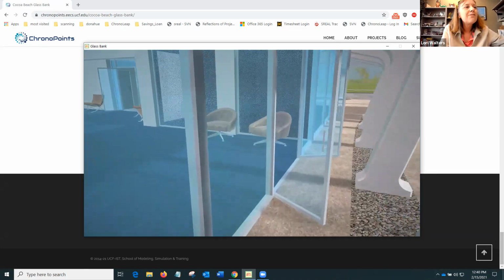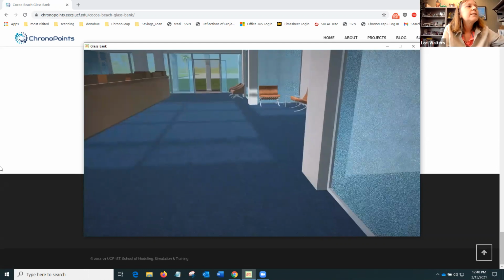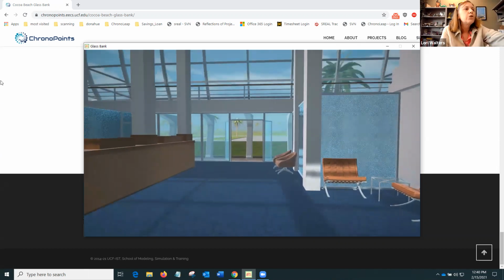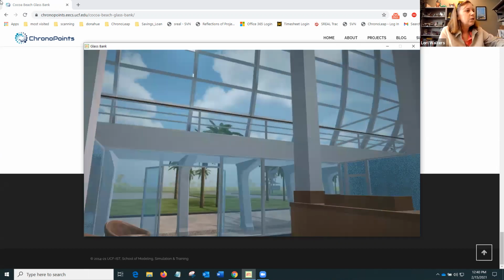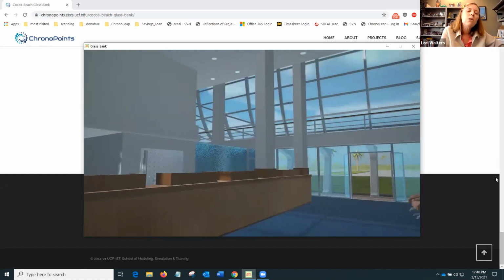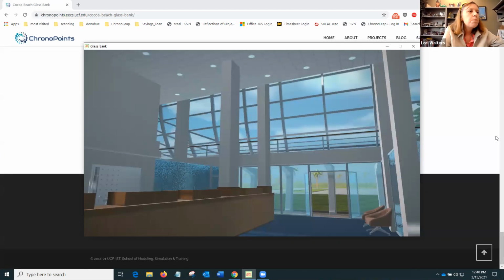We also found out that this is a north-south building. So this is the southern exposure, and this is the northern exposure. What we found is thanks to all of the heat that's coming through the southern exposure, people that worked on that southern side of the building were like, oh my gosh, it's hot, it's hot.